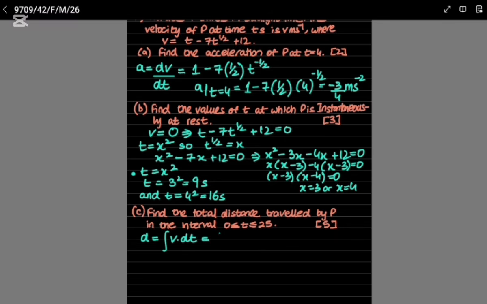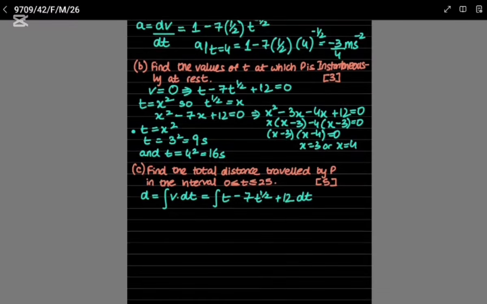So this is integral of, write the equation, t minus 7 t to the power of half plus 12 dt. Okay, so this gives us, integrate this, t squared over 2 minus 7t, you add 1 to the power, so it becomes 3 over 2, divide by the power, plus 12t.